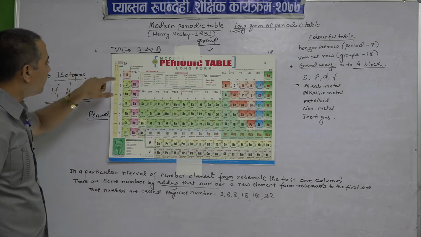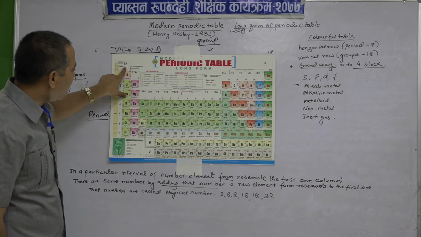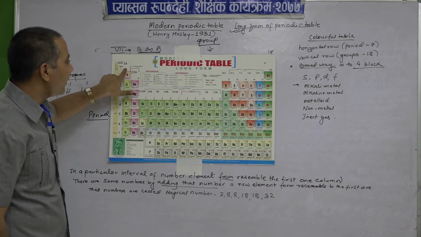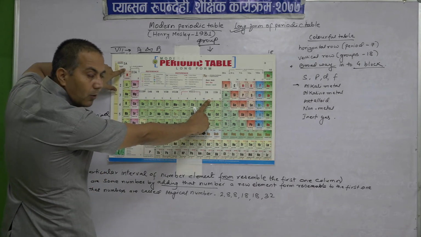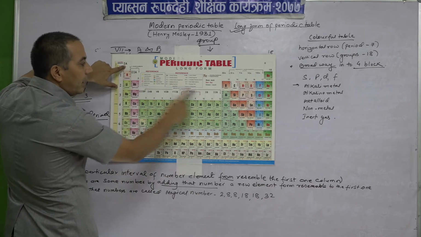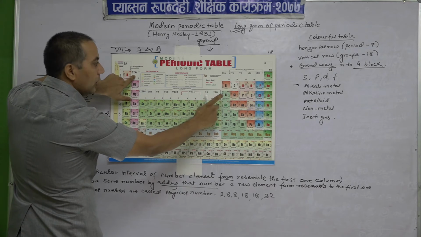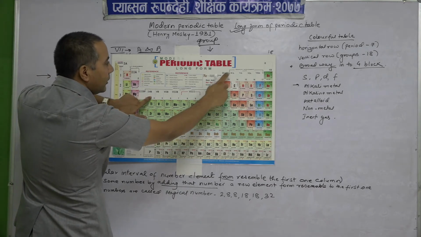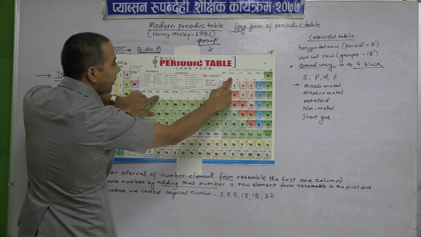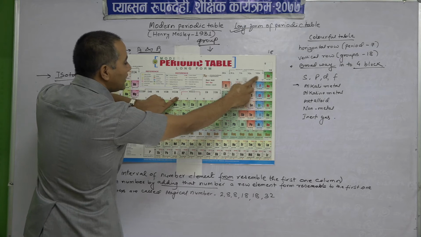We can find it here: group 1A, then group 1B, 2A, 2B, 3A, 3B, then 4A, 4B, 5A, 5B, 6A, 6B, 7A, 7B.